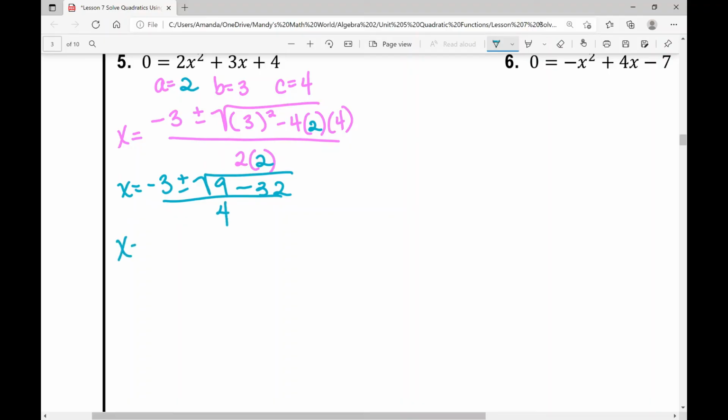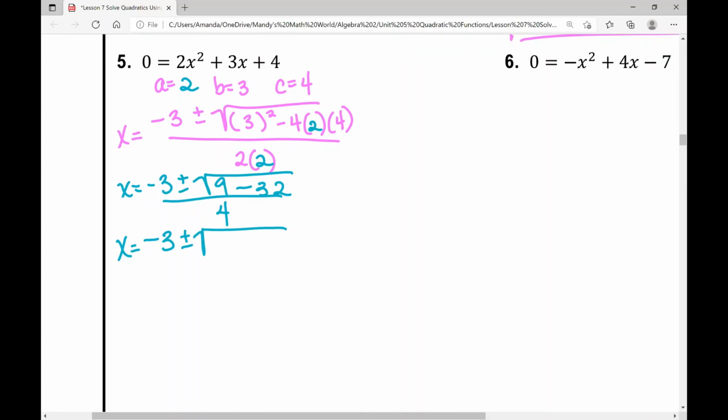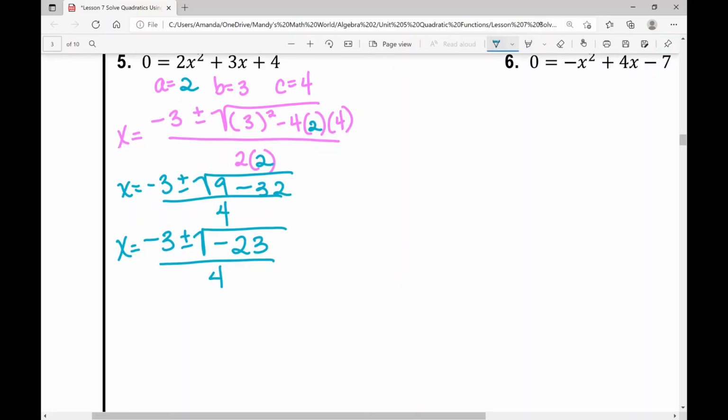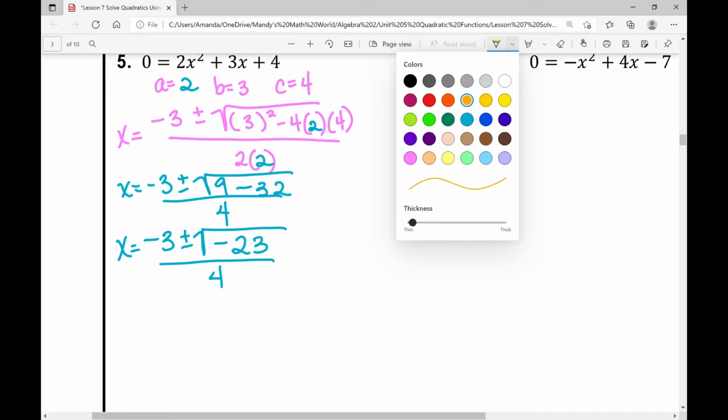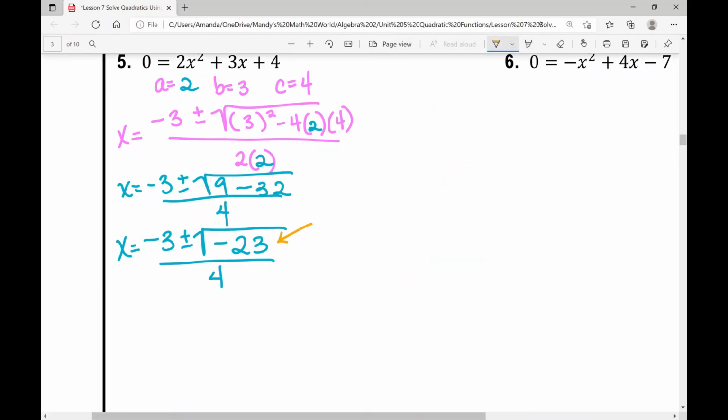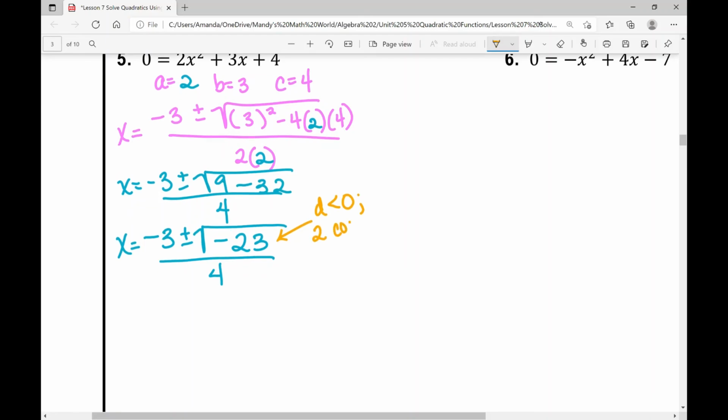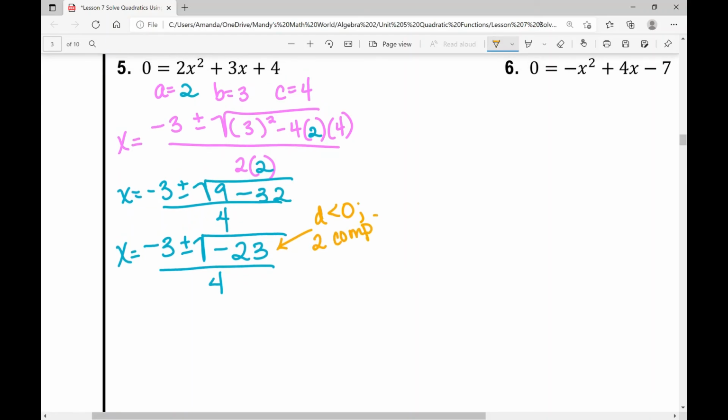X equals, what do we do now? We get negative 3 plus or minus, and then let's simplify our radicand. 9 minus 32, negative 23, over 4. So this is our first example where we have a discriminant that is negative. When our discriminant is less than 0, what does that mean? That means we'll have two complex roots.